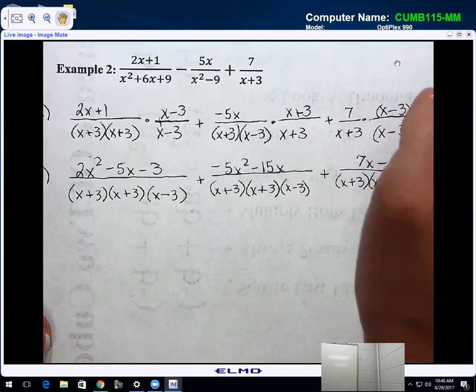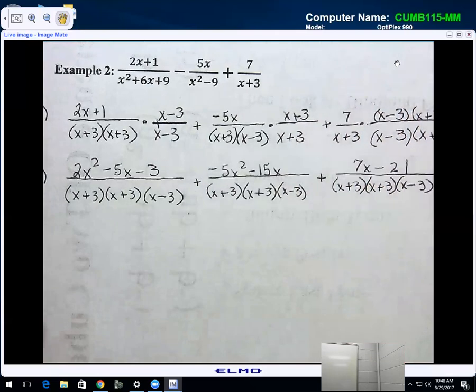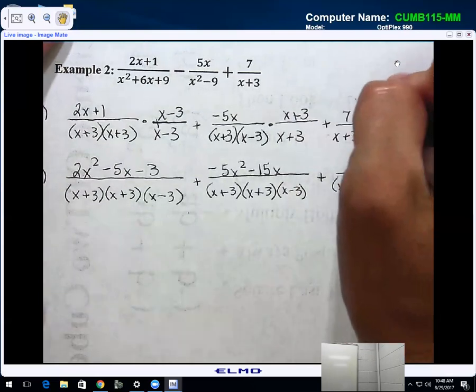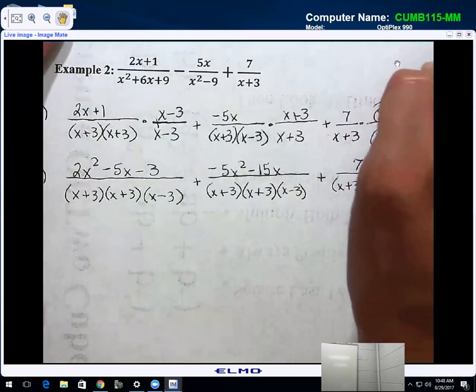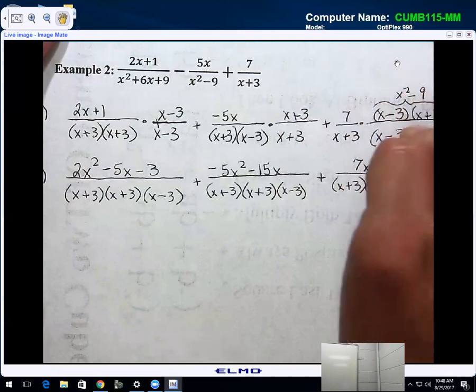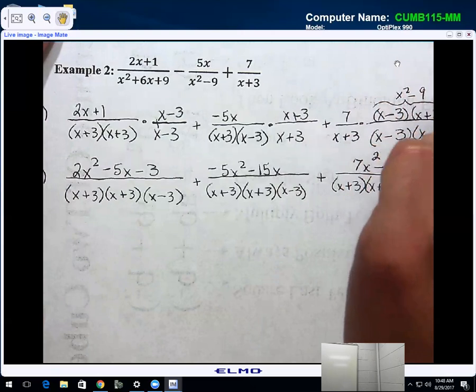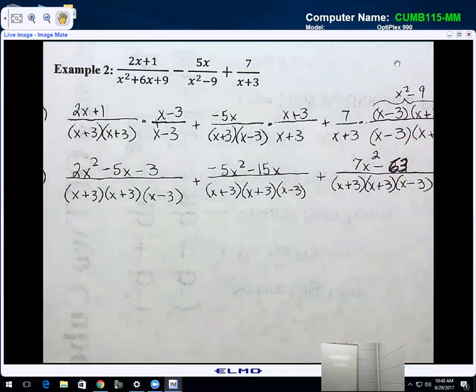You found it before I did. I was multiplying them together first. This one's a little bit uglier than the one I did as an example.